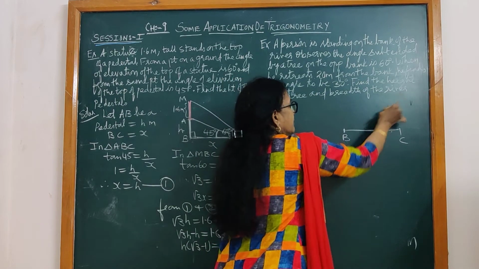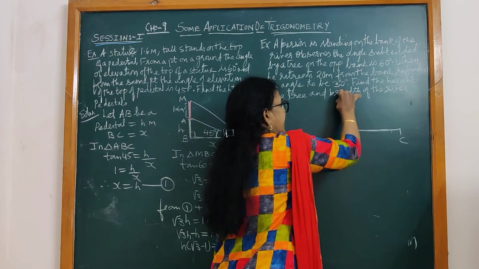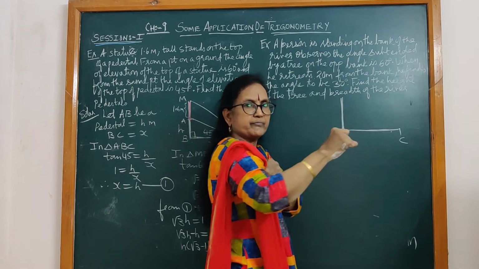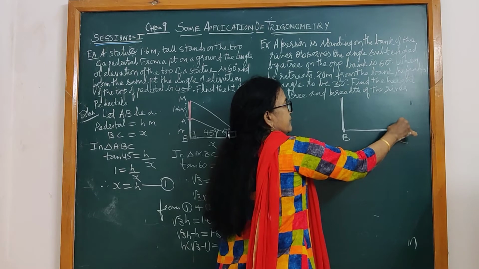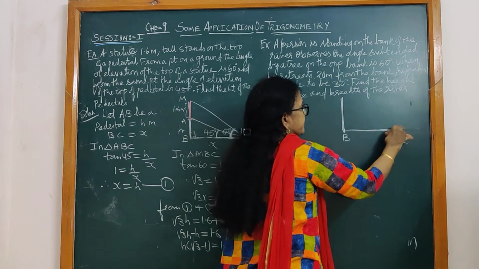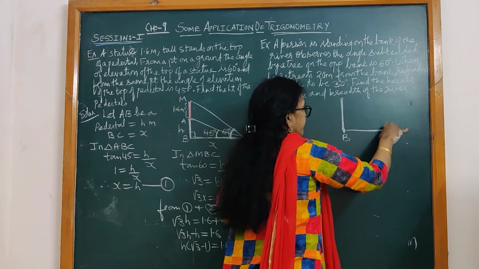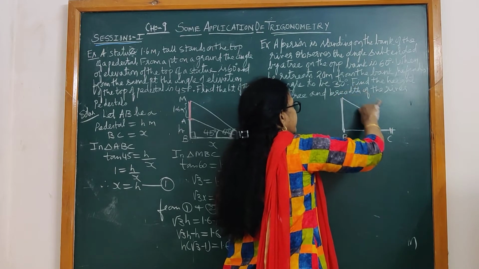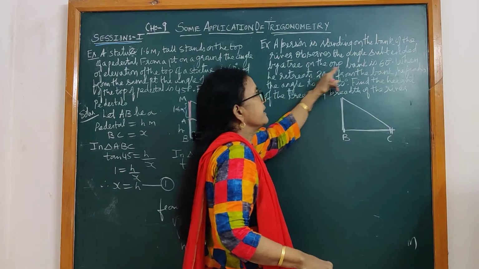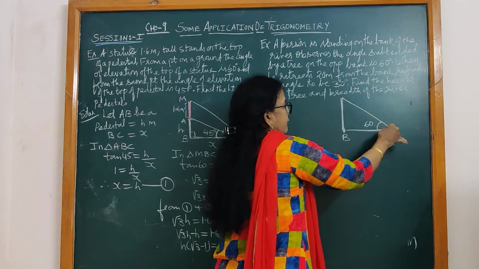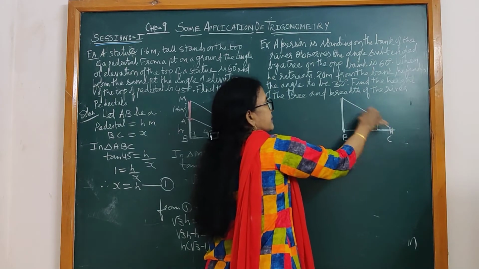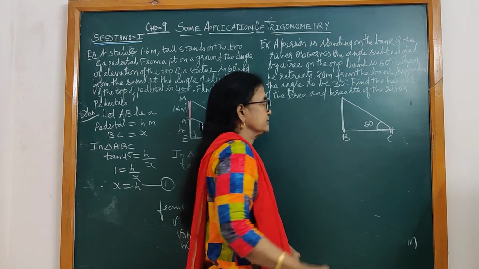From this point, the person is looking at the tree, and the angle of elevation is 60 degrees, looking from bottom to top.